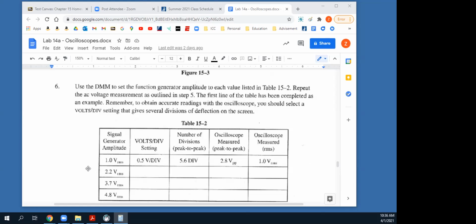All right, so I'm at 6.205 volts peak to peak here, 2.2 volts RMS. And this is what my waveform looks like.